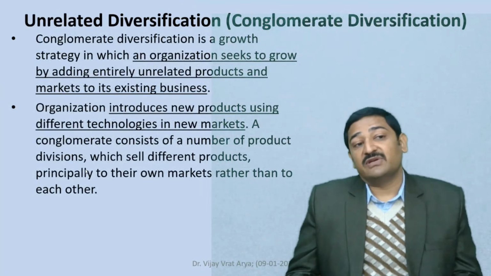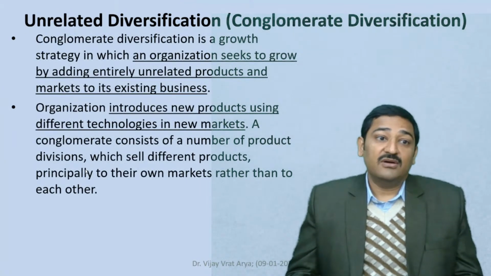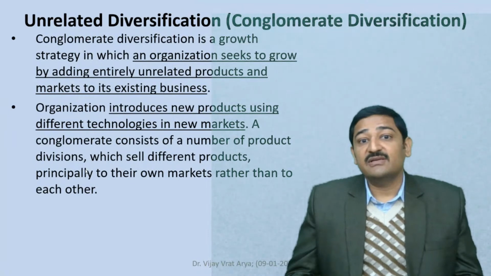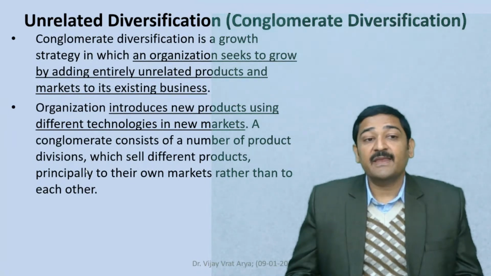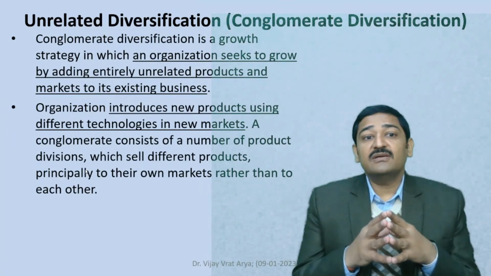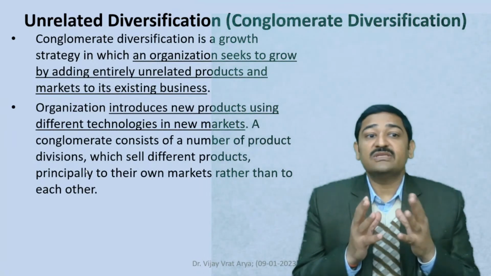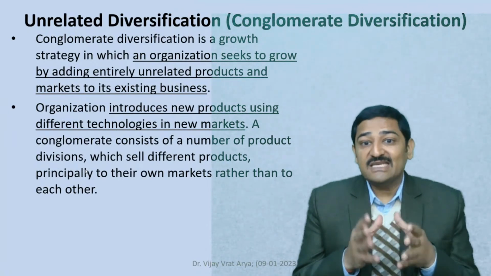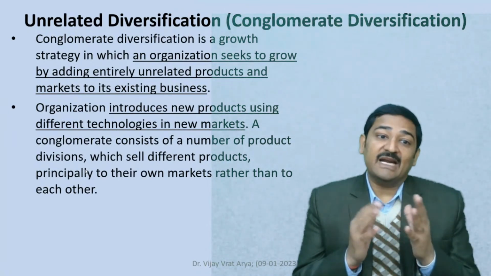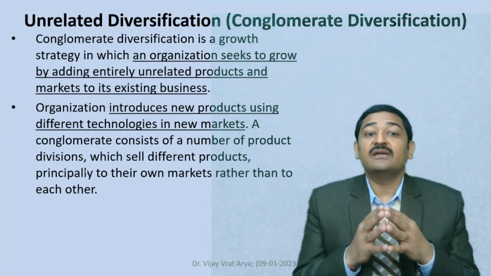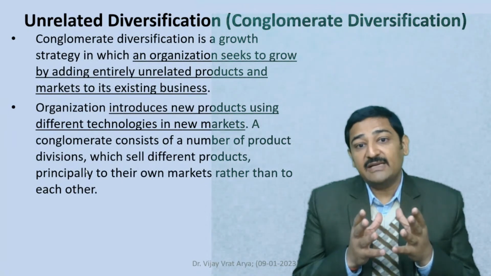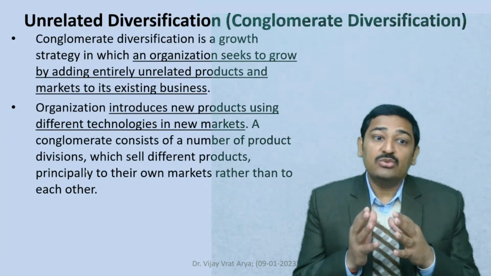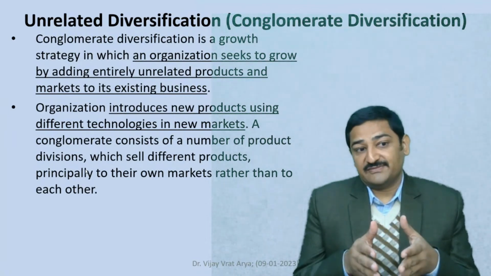At the same time, the unrelated or conglomerate diversification is a growth strategy in which an organization seeks to grow by adding entirely unrelated products and markets to its existing businesses.